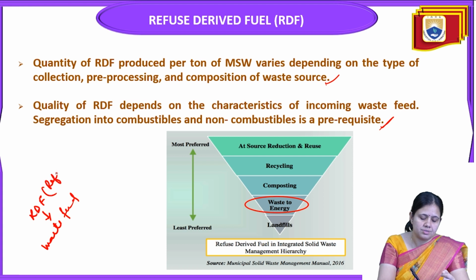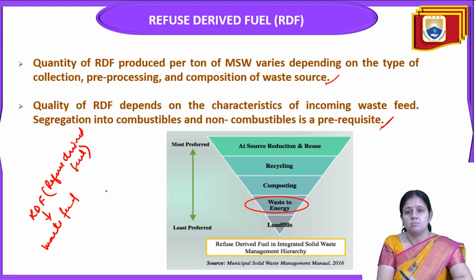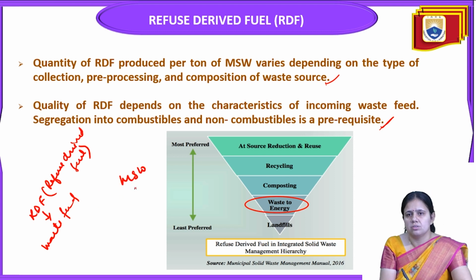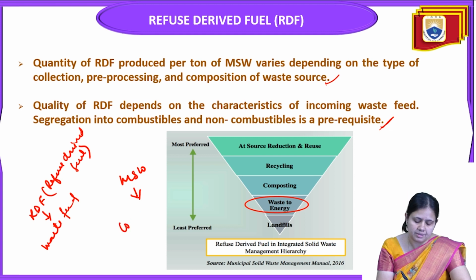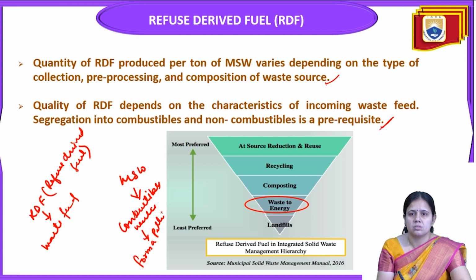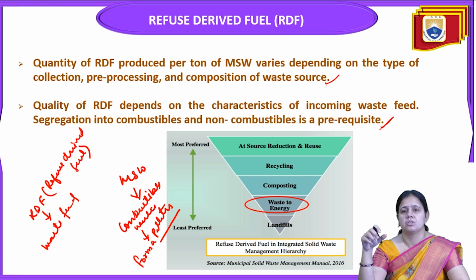So RDF is refuse derived fuel. MSW will be there, and from MSW, combustible waste is collected and formed into pellets. This pellet can be used as RDF. So the quality of RDF depends upon the characteristics of the incoming waste feed.